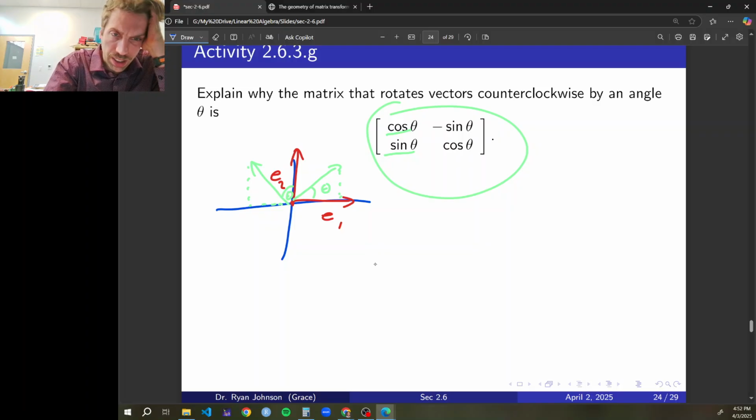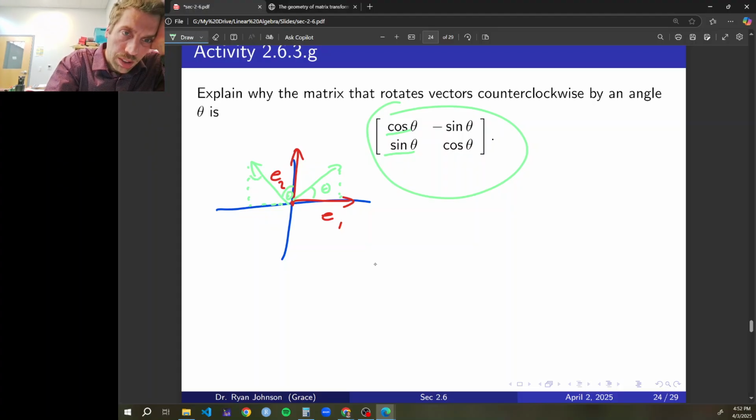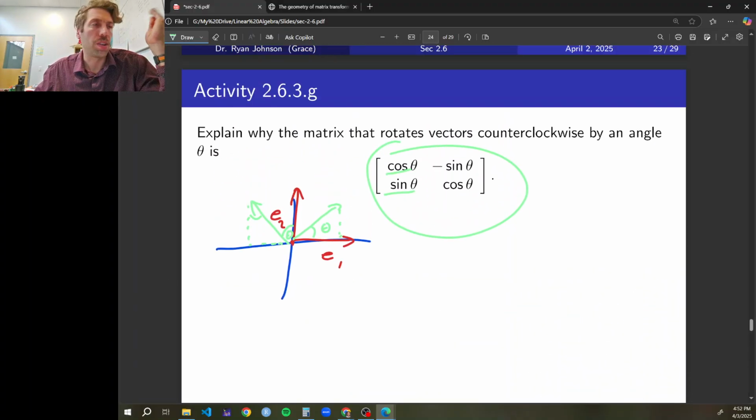And so that means that angle is the same as this angle, which means then that the distance here would be negative sine, because it's the opposite, and it's going in the negative direction, whereas the distance here would be cosine of theta. And so that gives this matrix. So e1 is sent to cosine, sine, e2 gets sent to negative sine, cosine, matches up. Okay, and that completes activity 263G.